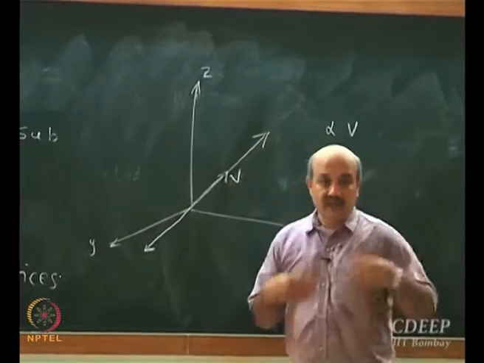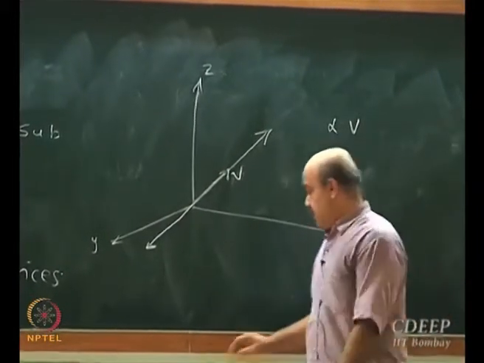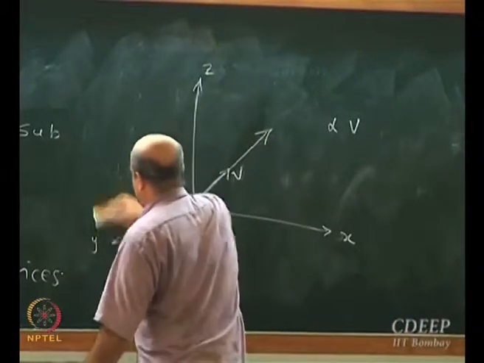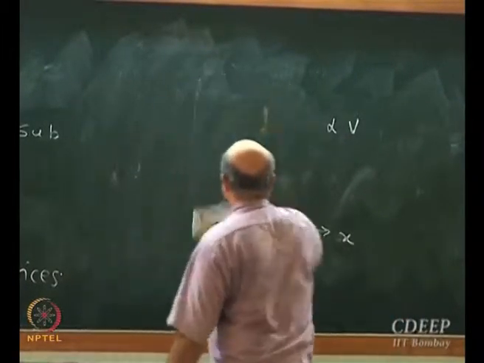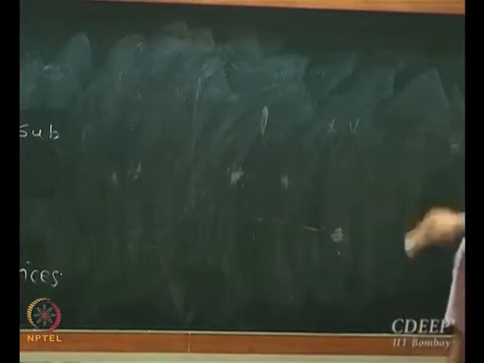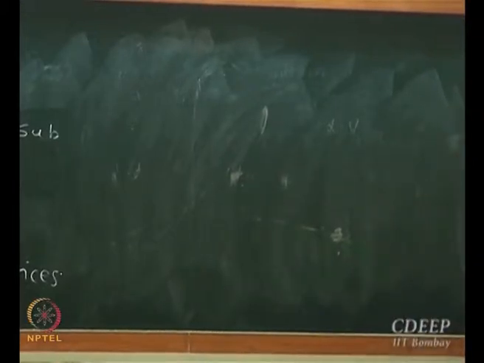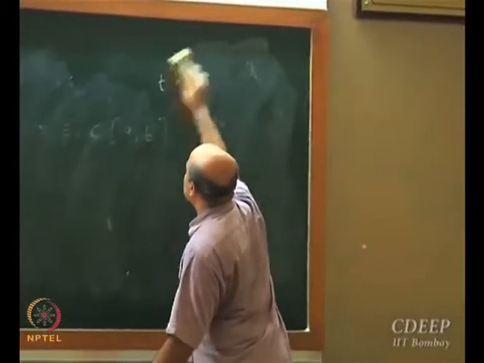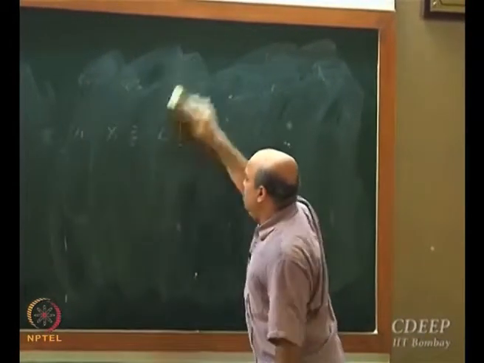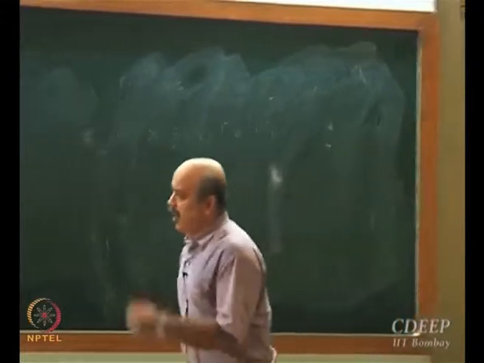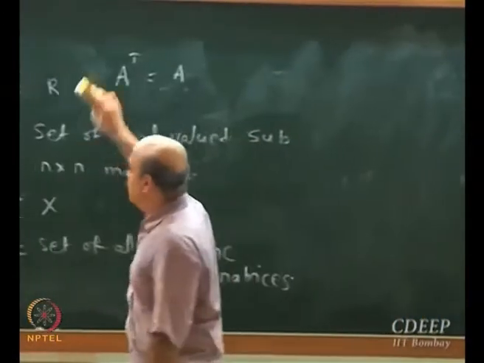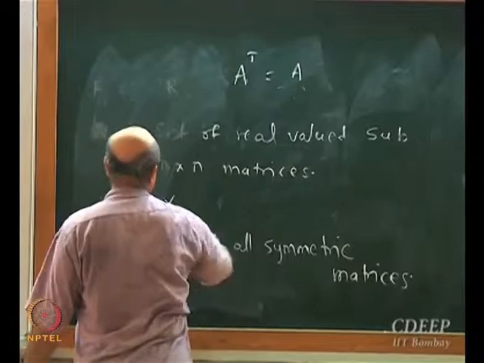So we need to now generalize this concept of dimension. Well, to generalize this concept, we need to generalize many other concepts. We have to have a notion of linear combination defined.